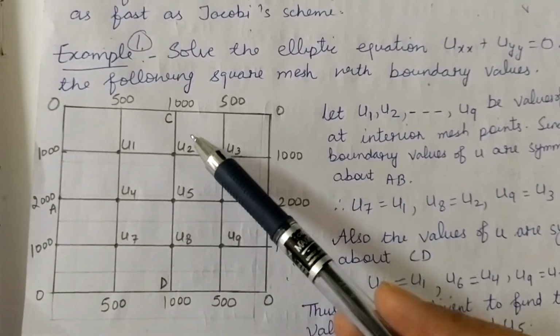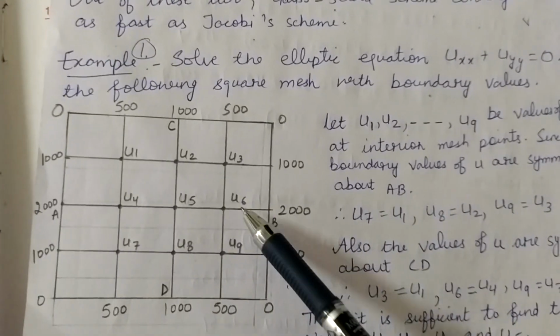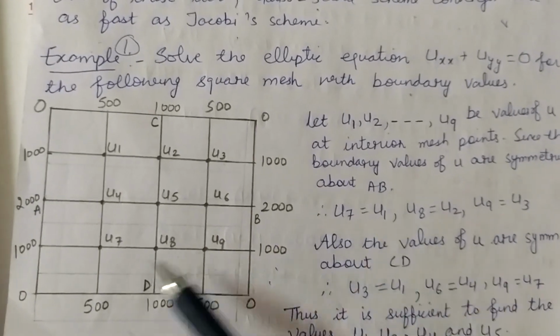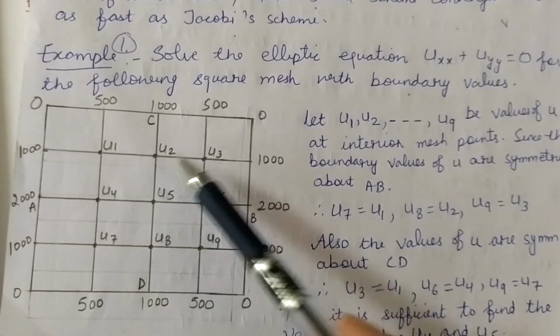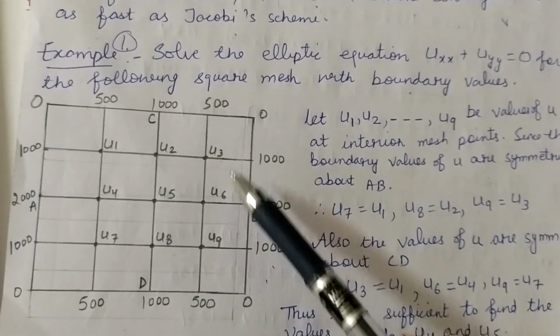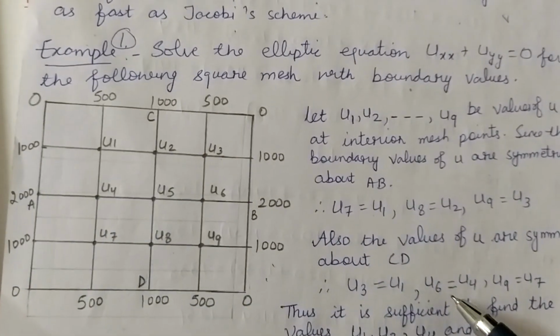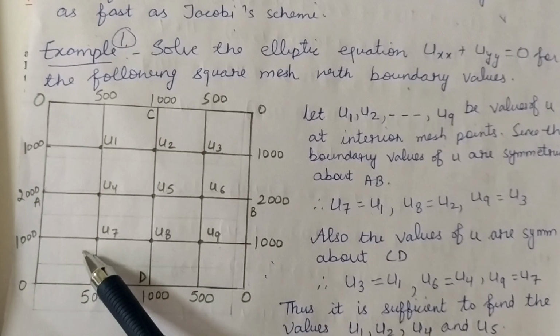This u2 will be equal to u8, this u4 will be equal to u6. So this all we have written here. That is u7 is equal to u1, u8 is equal to u2, u9 is equal to u3, then u3 is equal to u1, u6 is equal to u4, and u9 is equal to u7.